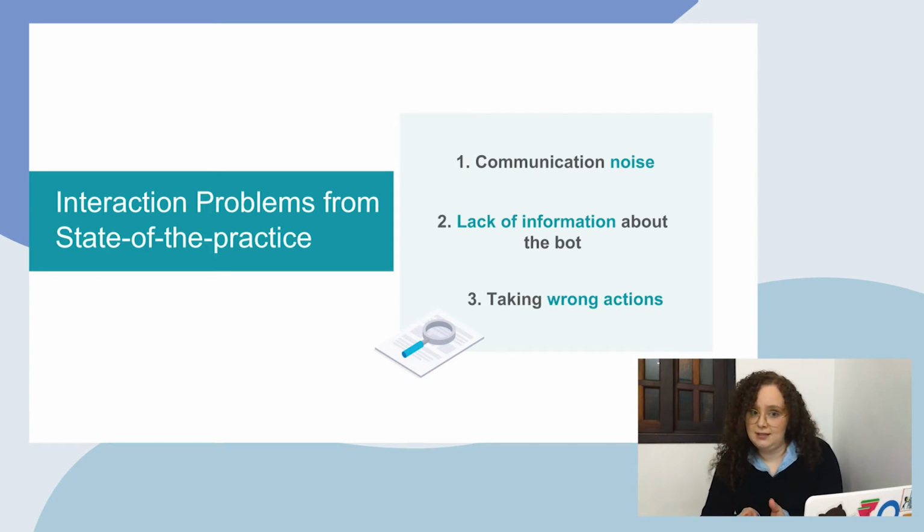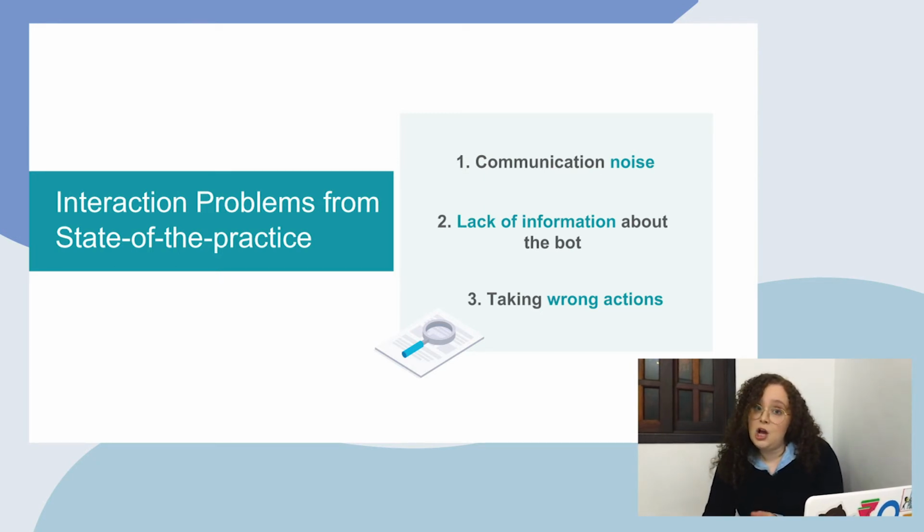In some cases, bots introduce noise to the communication of developers, inflating the pull request with annoying comments that are ignored by maintainers and contributors. The second one is the lack of information about the bot.